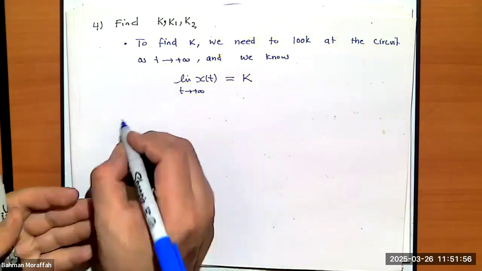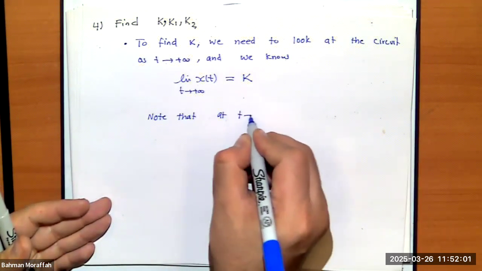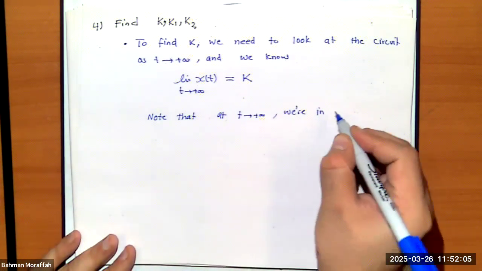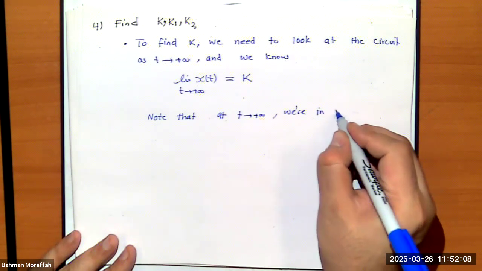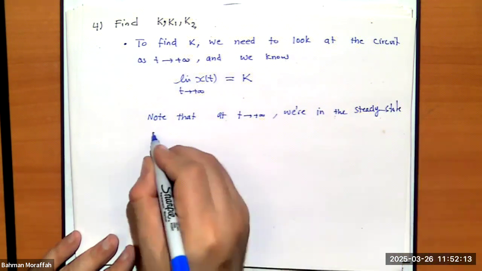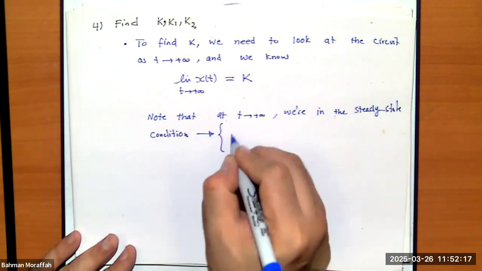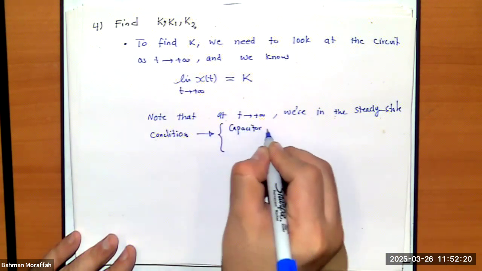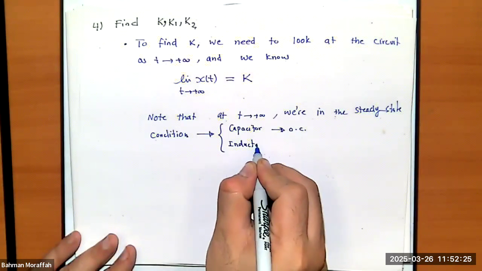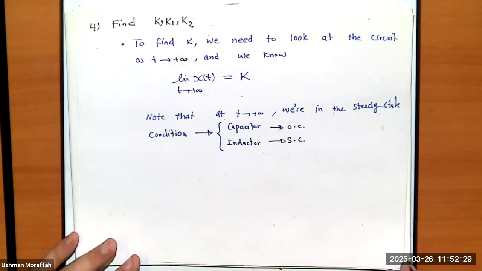So note that at t approaching infinity, we're in the steady state condition, which means if I have a capacitor, I have to open circuit it. If I have an inductor, I have to short circuit it. Right?